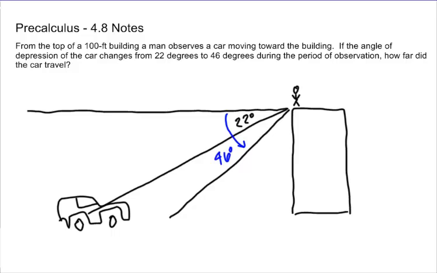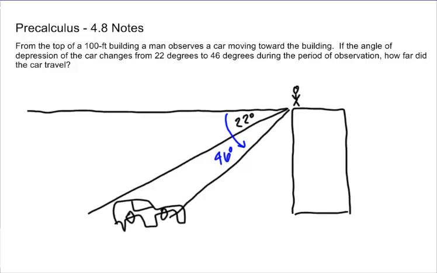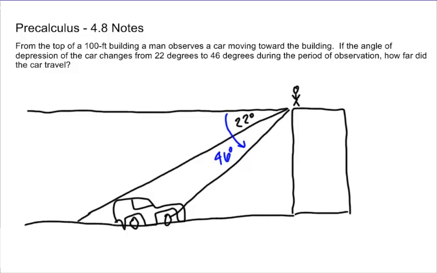And so we're going to have to do a little bit of math to figure out how far the car moved. Well, create your triangles. And when you create your triangles, keep in mind a couple things. First off, this angle right here is 22 degrees. And this angle right here is 46 degrees. And the height of the building is 100 feet.